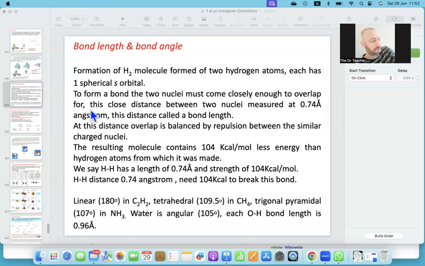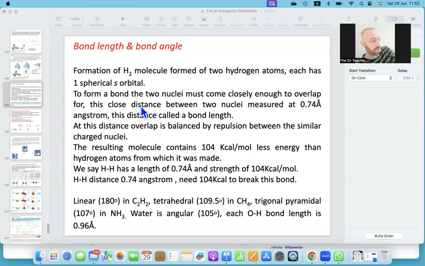They have to come close together, and once the orbitals overlap or touch each other, then the hydrogen and the other hydrogen will form a bond.